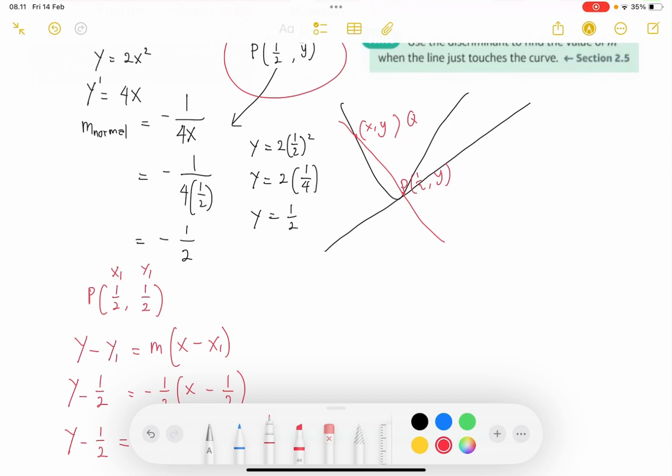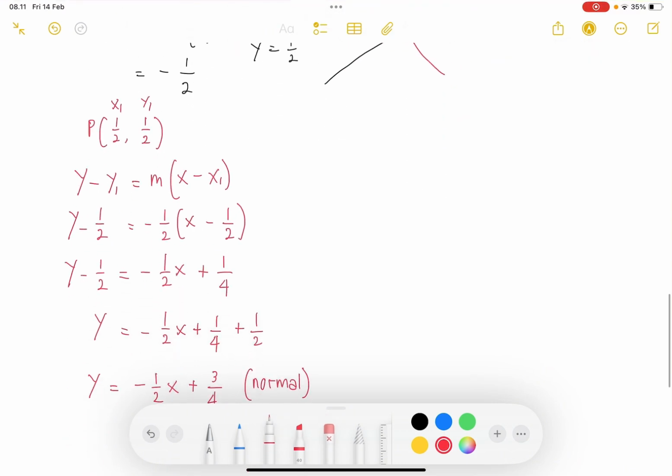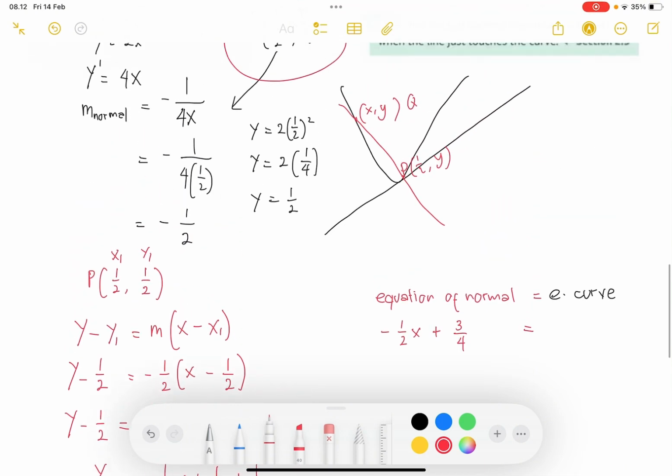But what are the coordinates of Q? The intersection between the normal and the curve. How do we find the intersection between the normal and the curve? Then make the equations equal. What is the equation of the normal? Earlier you found it: minus 1 over 2x plus 3 over 4 equals, what is the equation of the curve?